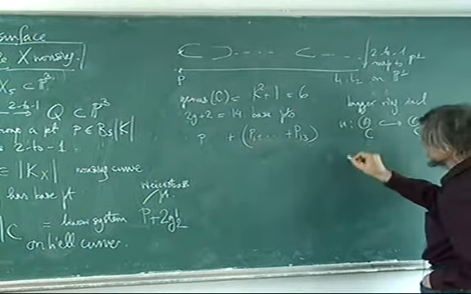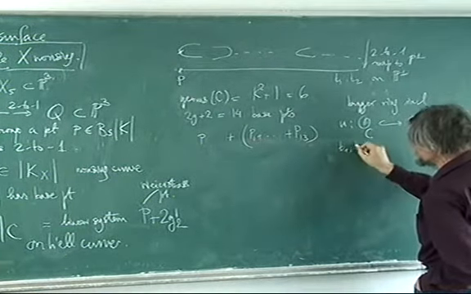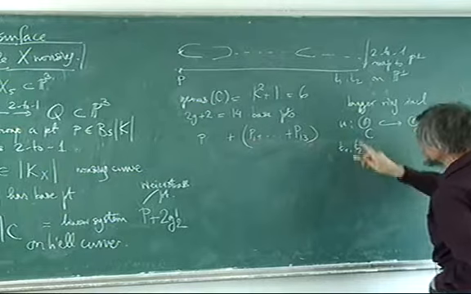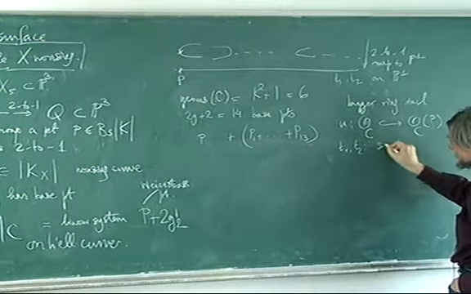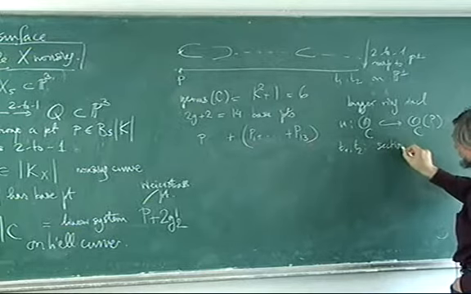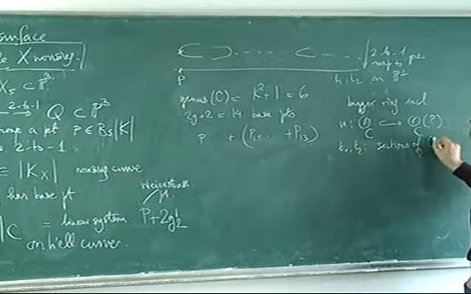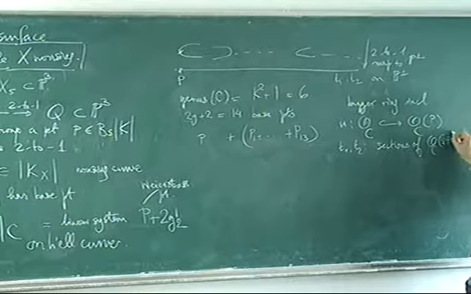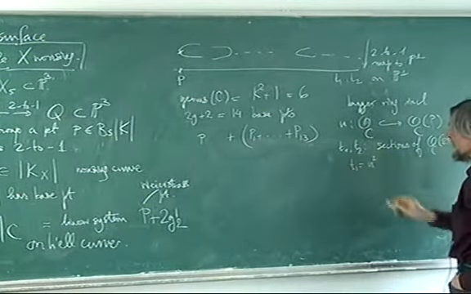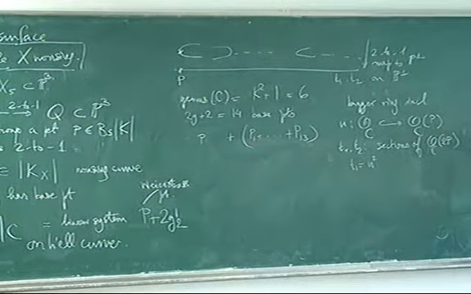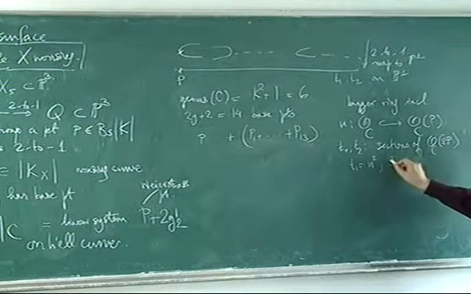Right, and then T1, T2 are sections of OC of 2P, and I can assume that T1 is U squared, and then T2 is the other coordinate.